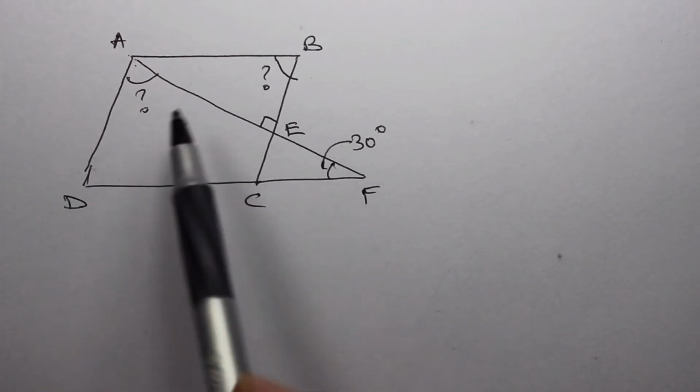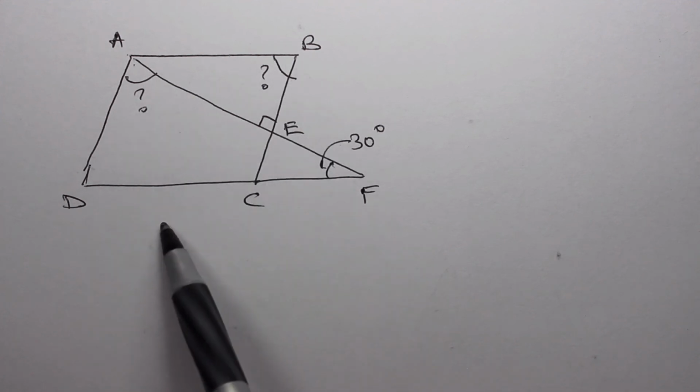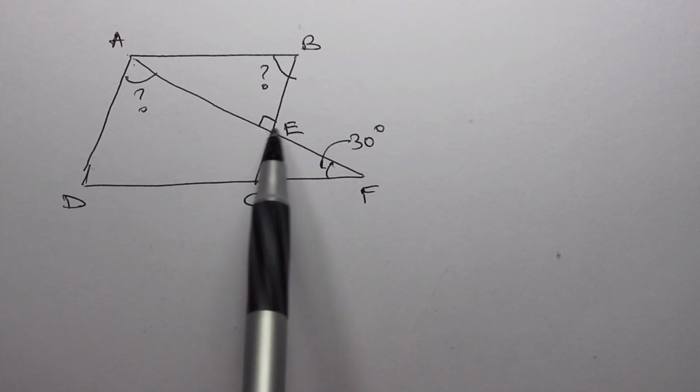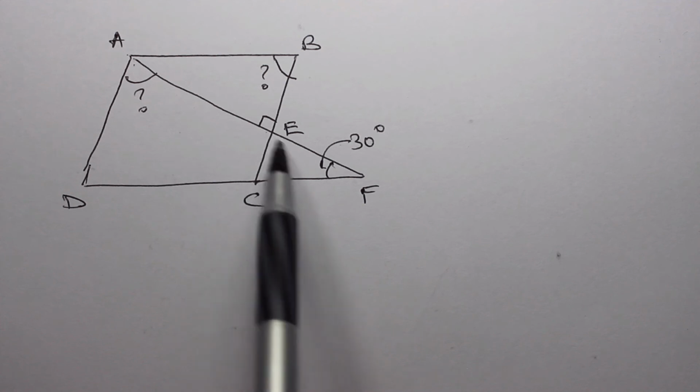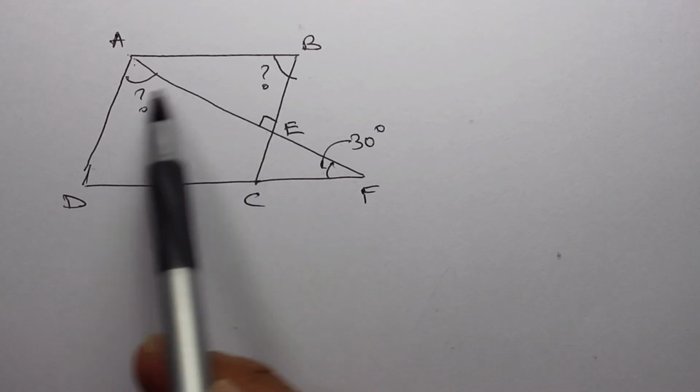So in this question, you have the parallelogram ABCD, and this line AE is drawn perpendicular to BC, so this is 90 degrees, and is extended to meet till F, and this angle is given as 30 degrees. We need to find these two angles, right?